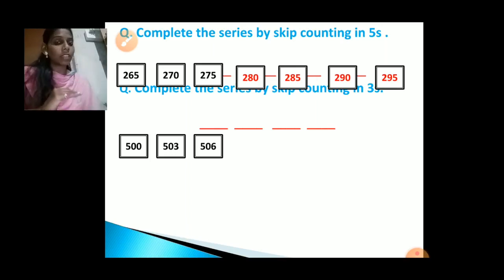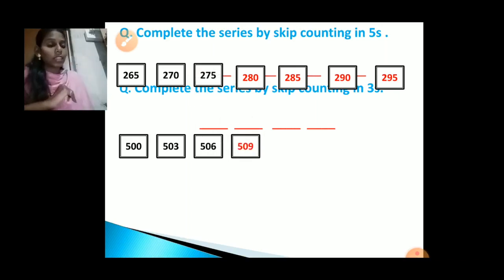And after 506, if we skip 3 numbers, what do we get? 506, 507, 508, 509. So the next number is 509. Then 510, 511, 512.